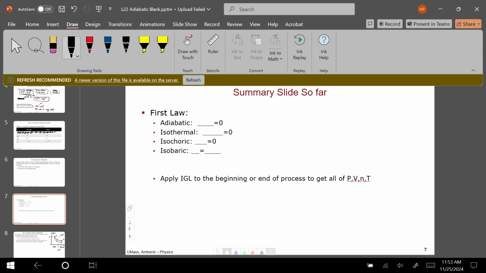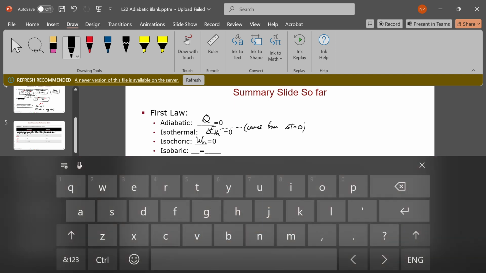So a summary slide so far is that adiabatic means Q equals 0, right? That's the definition of adiabatic. An isothermal process, so delta T equals 0, tells us that delta E thermal equals 0. And again, this comes from delta T equals 0 in delta E is nCV delta T. For an isochoric process in the first law, the work input is 0 because volume is held constant.